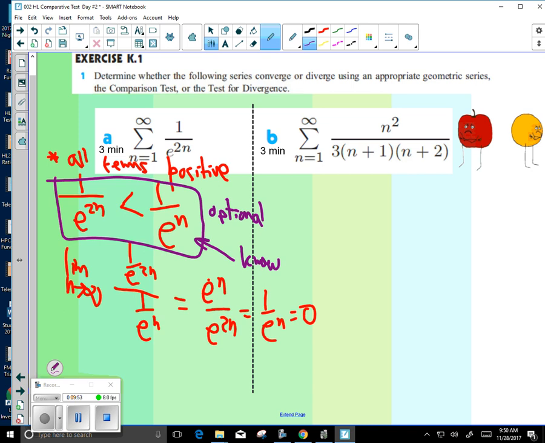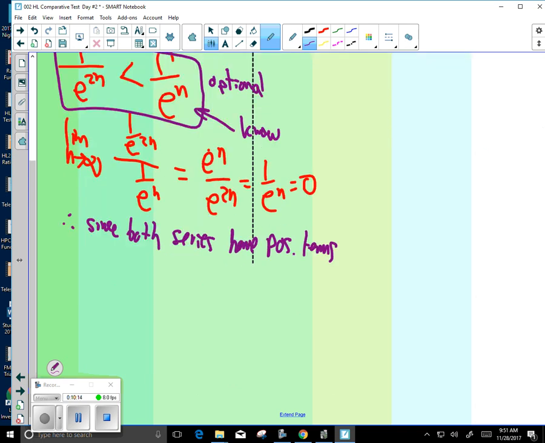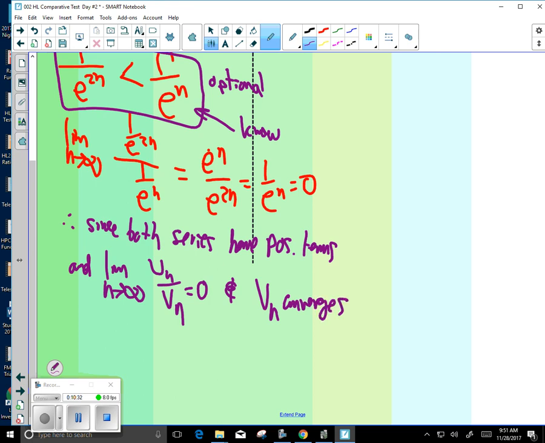All right, so therefore, since both series have positive terms, and the limit as n approaches infinity of u of n over v of n is equal to 0, and v of n converges, therefore, u of n converges.